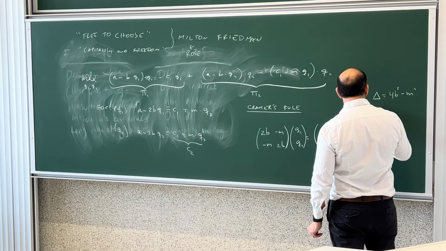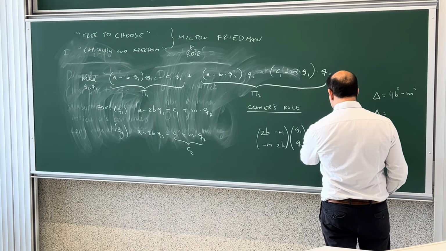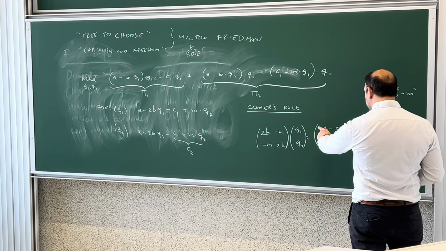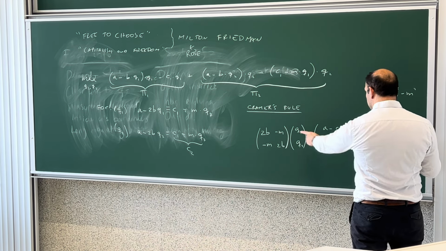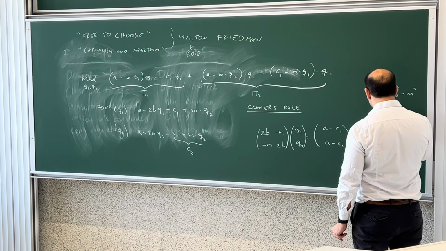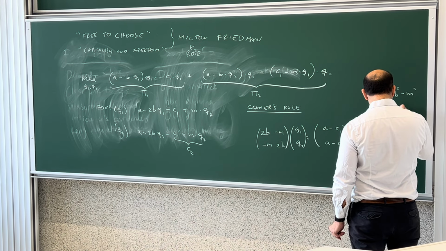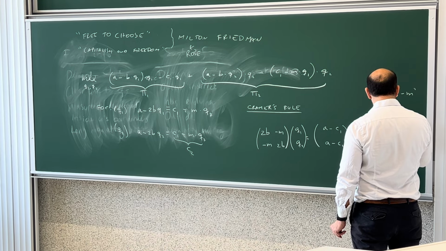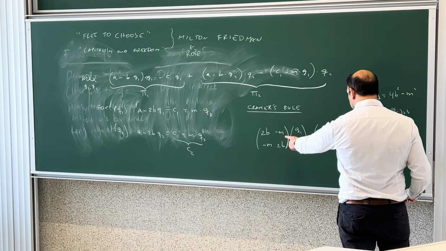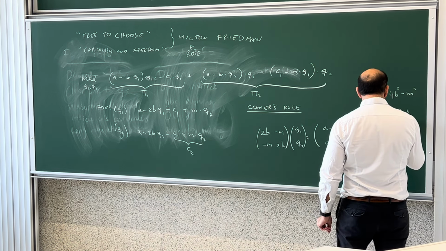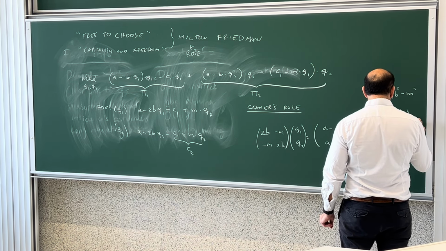And then delta 1 is going to be, I have to put this here, right? So I have A minus C1 times 2B minus M times M times A minus C1.